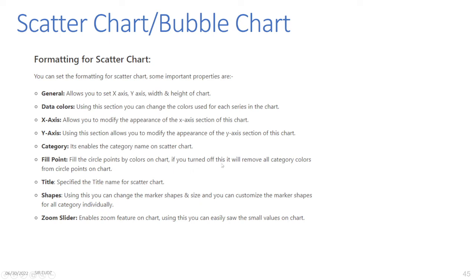If you turn this off, it will remove all category colors from circle points on the chart. Title. Shape, so using this, you can change the marker shapes and size, and you can customize the marker shapes for each category individually. Zoom slider enables zoom features on the chart. Using this, you can easily see the small values on the chart.